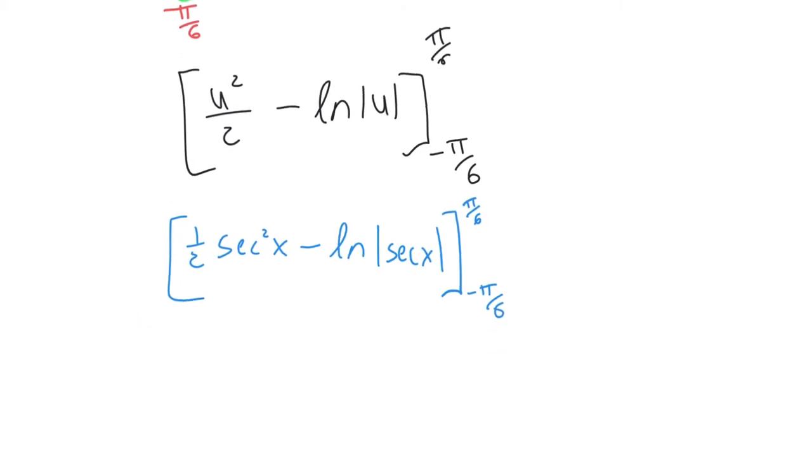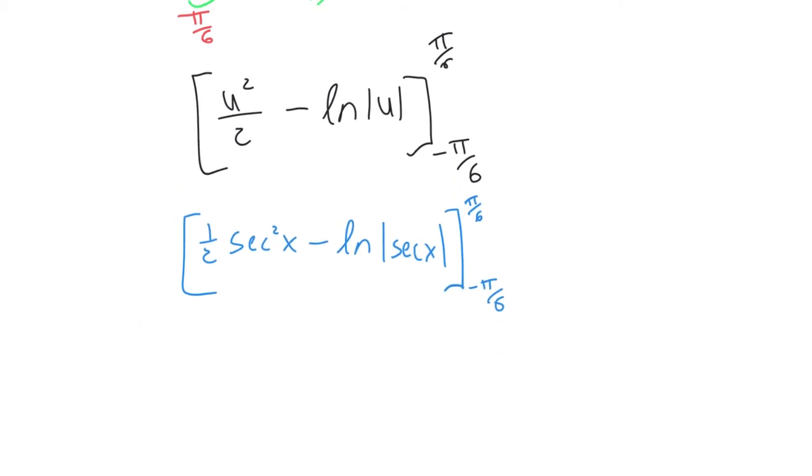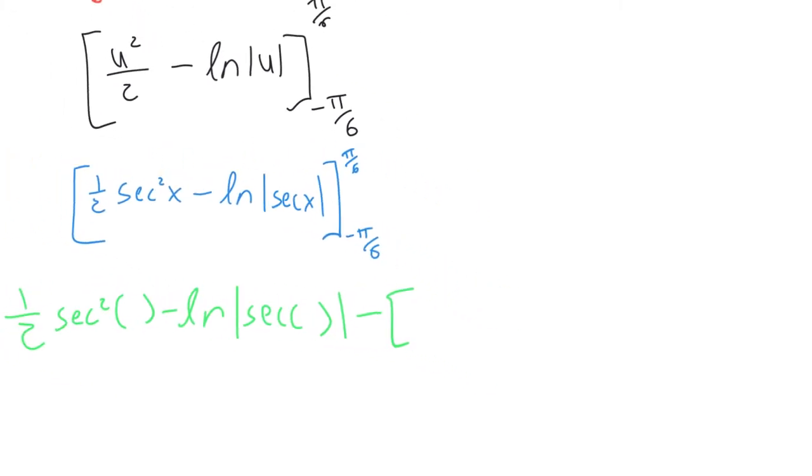And at that point, I am ready personally to begin the process of substitution. So it's going to be secant squared something minus ln absolute value of secant of something. And we're going to be subtracting an entire quantity of 1/2 secant squared something minus ln absolute value of secant something.